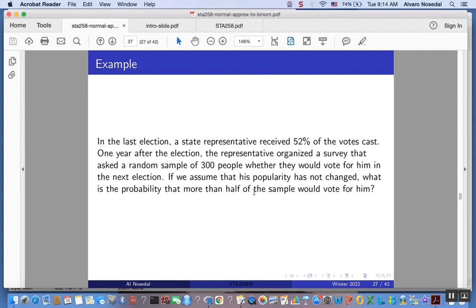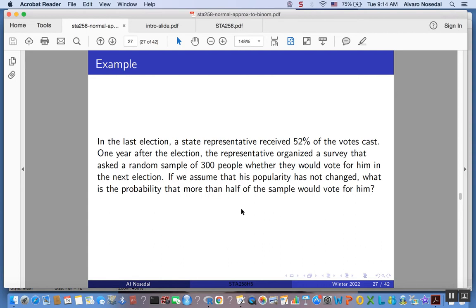Make sense? So we have a sample of size 300 from a Bernoulli random variable. We can assume independence between those voters, so it seems that the setting that we have should work for this.